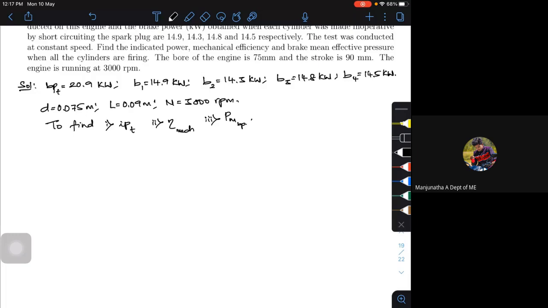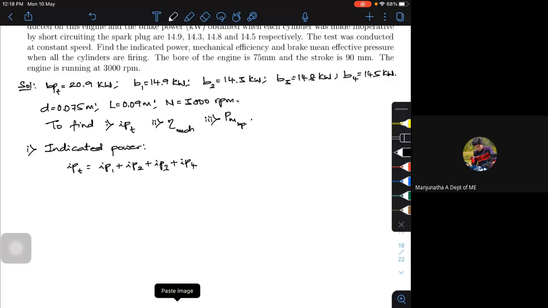Your indicated power IP total is equal to IP1 plus IP2 plus IP3 plus IP4. Now IP1 is nothing but the total brake power minus the brake power with the first cylinder cut off.